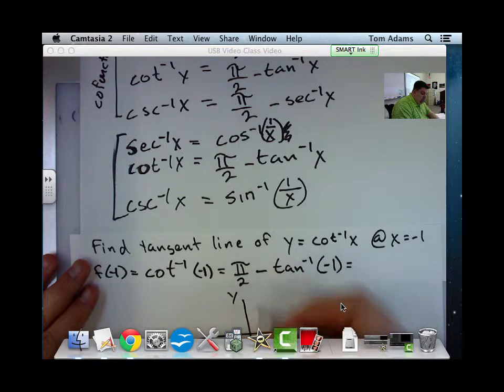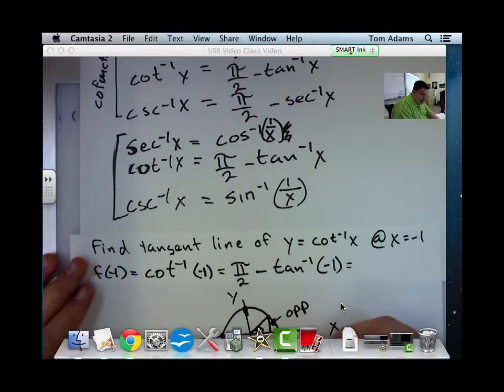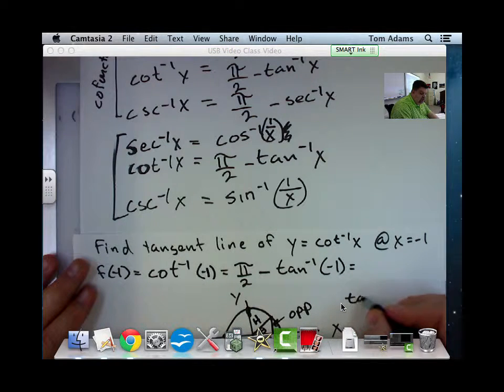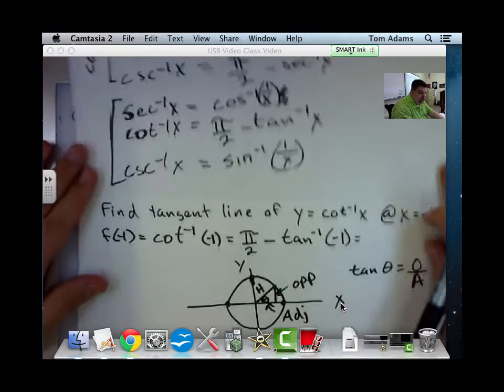in our xy plane, this is the opposite, this is theta, this is the adjacent, and this is the hypotenuse. And so tangent of theta is equal to the opposite over the adjacent. All right?